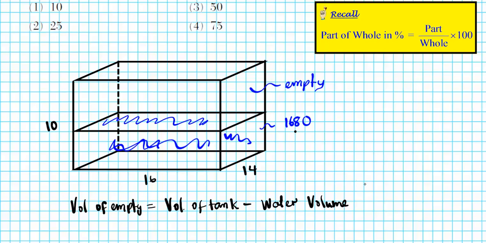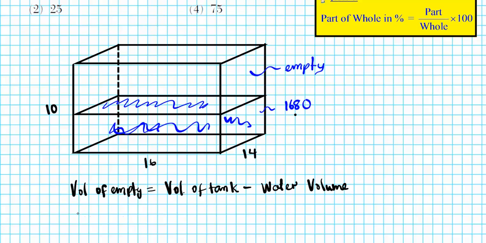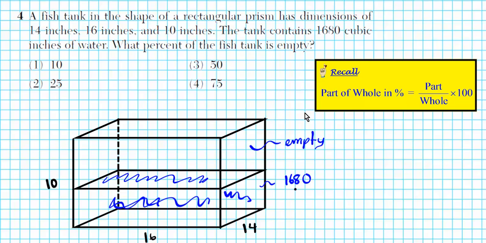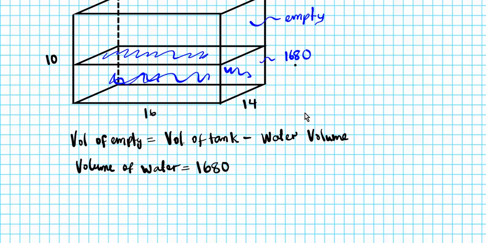All right, so let's go ahead and figure out what we do not know. We know that the volume of water is what? The volume of the water is 1,680 cubic, what was the unit? Cubic inches. Now, let's find out the volume of the tank, okay? In order for us to find the volume of the tank, we need to remember the following formula for the volume of a prism, okay?